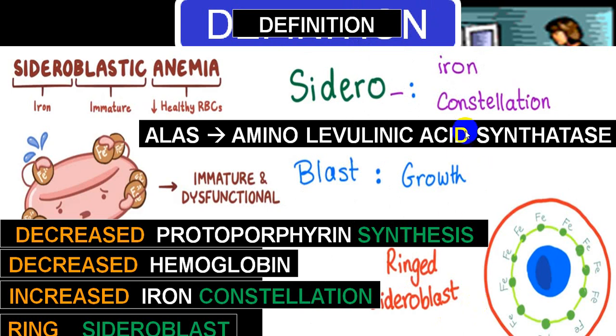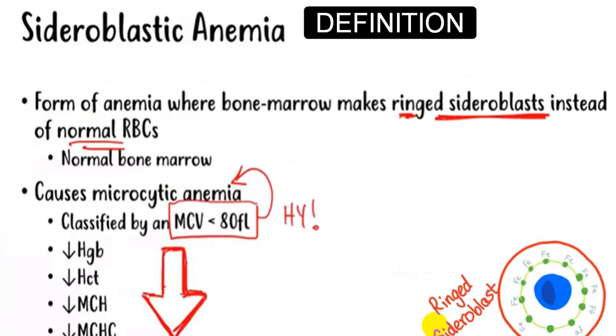And this is because of a defect in aminolevulinic acid synthase. Sorry, the T-A should be removed; synthase it is called. So there is a defect in that particular enzyme, and that gives rise to defective synthesis of protoporphyrin.